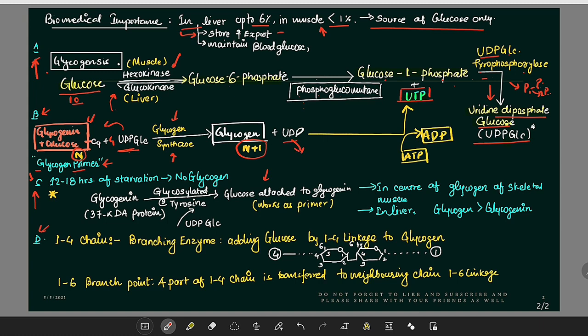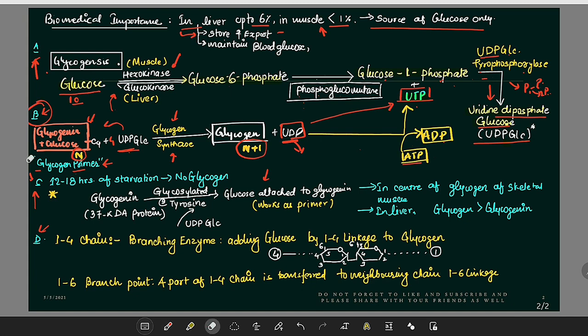What is the fate of this UDP? It is recycled to produce uridine triphosphate, with ATP getting converted into ADP. One phosphate is transferred to the UDP so that UTP can be resynthesized for the conversion of glucose 1 phosphate into uridine diphosphate glucose. So here step 2 has been completed.